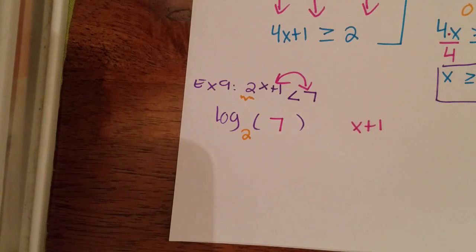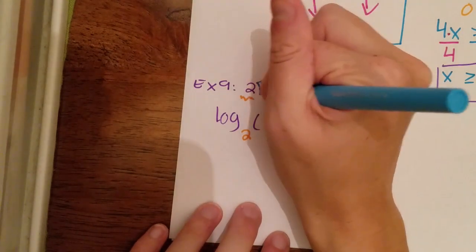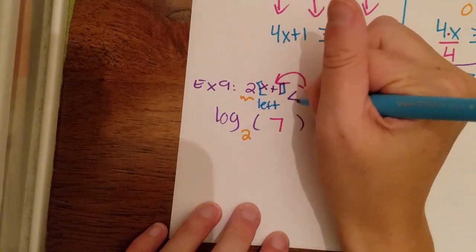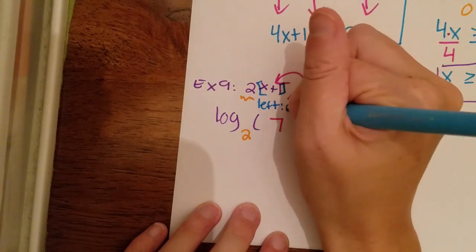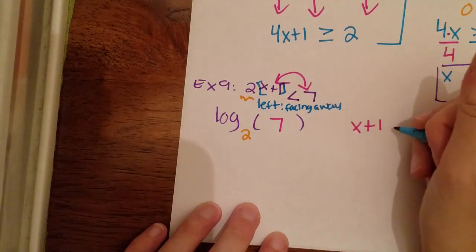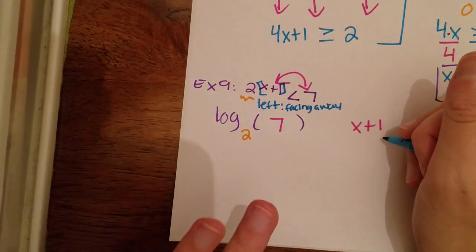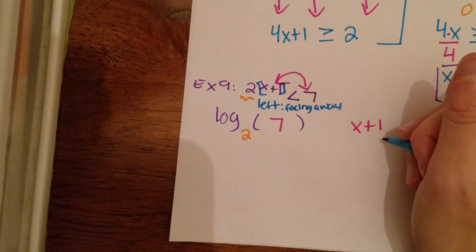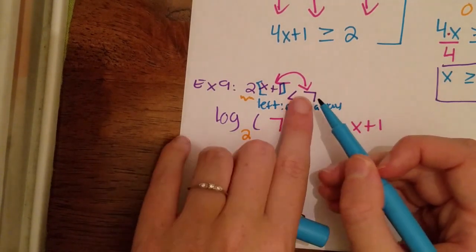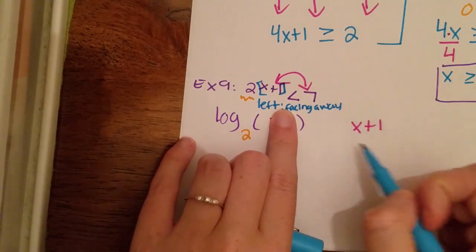Since my x plus 1 is currently on the left-hand side and it's facing away, now that it's on the right-hand side, my inequality still has to be facing away. If I drew it the way it's currently facing, this would be opening up toward my x plus 1.